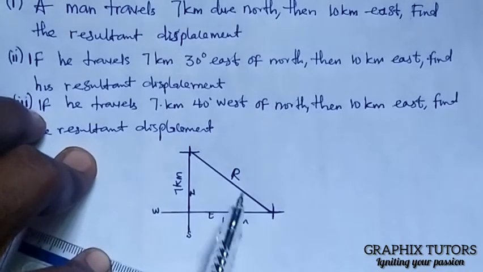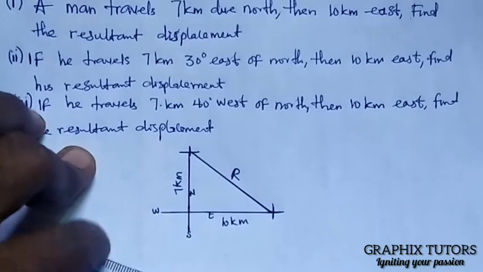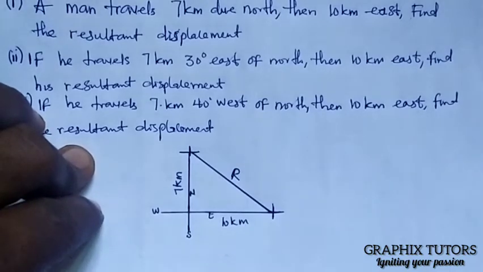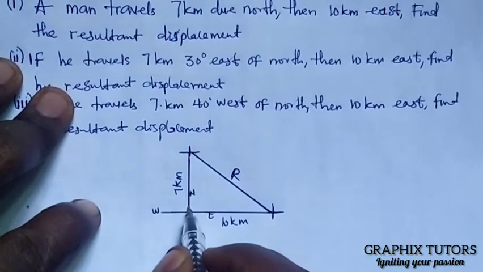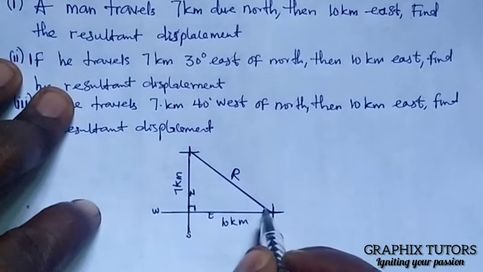Now if you look at this, it is forming a triangle, right? So you apply your Pythagoras Theorem, because this is a right angle triangle.